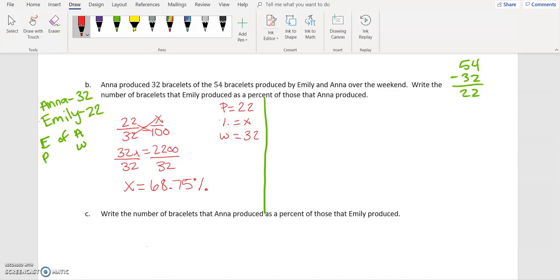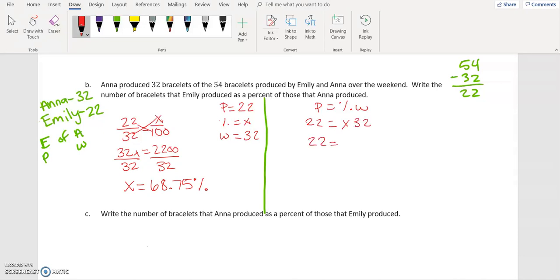And then we're going to do it on the other side. Start with our equation. P is equal to percent times the whole. So P is our part. There are 22 in our part, is equal to the percent, which is unknown, and W is our whole, so there's 32.